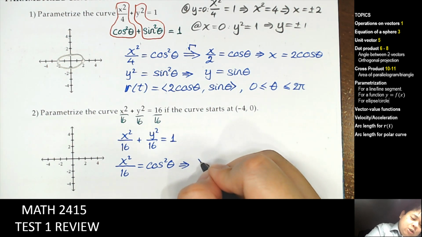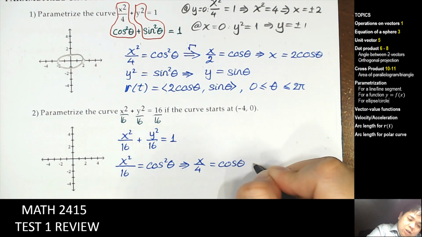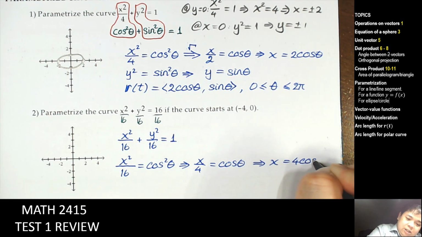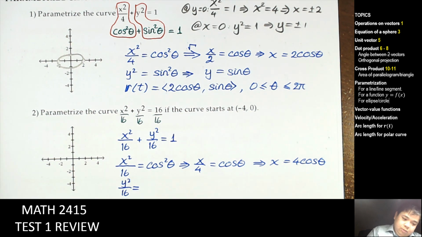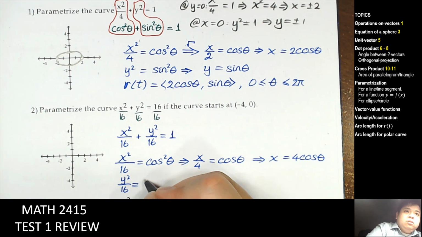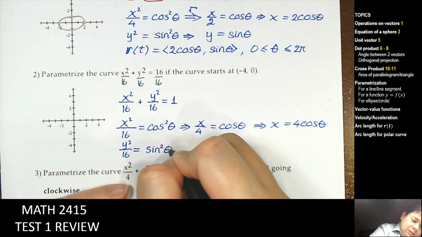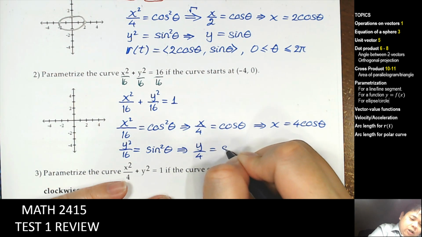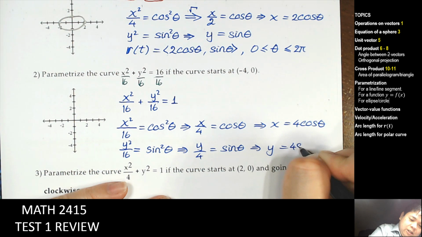So take the square root and solve for x in terms of cosine theta. Same thing: if y over 4 equals sine, so y equals 4 sine theta.